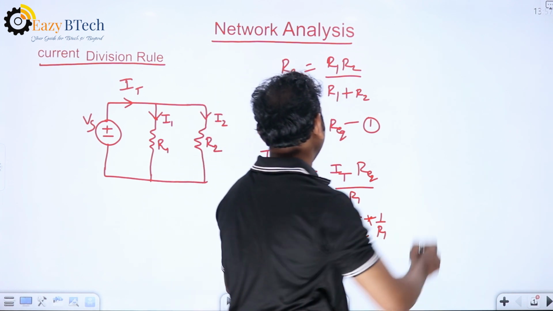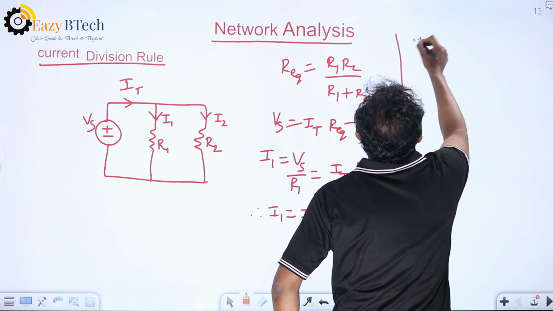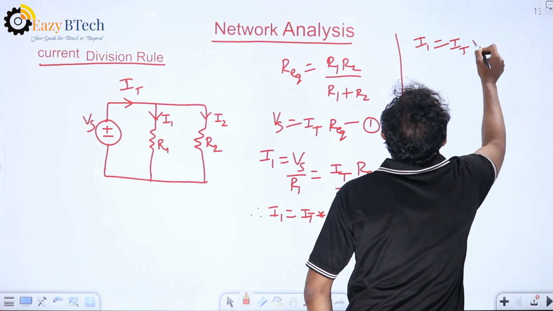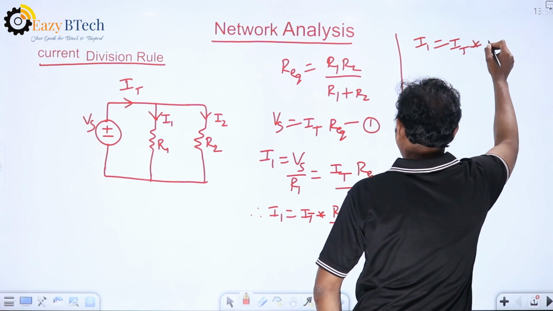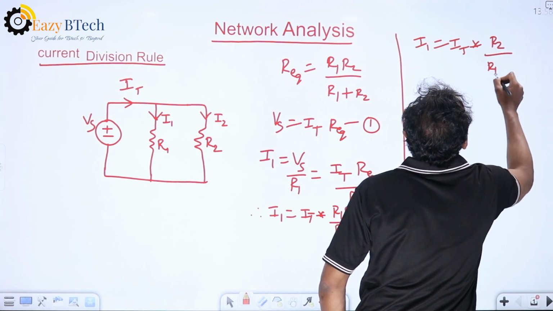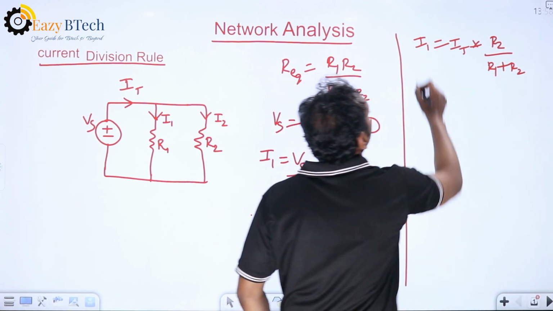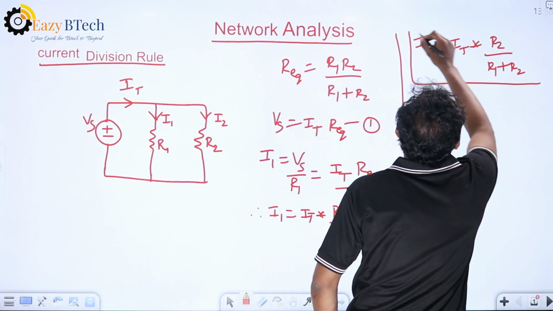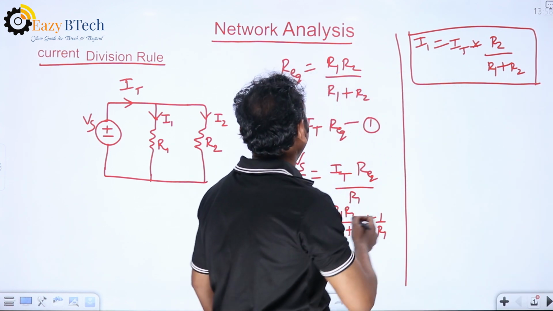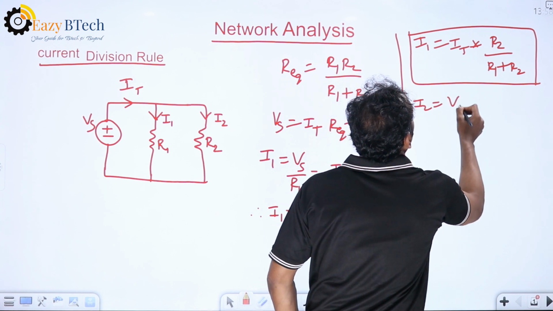If you simplify this, you will get I1 equal to I total into R2 divided by R1 plus R2. This is one equation. Similarly, how to find the I2 value? I2 equal to Vs by R2.